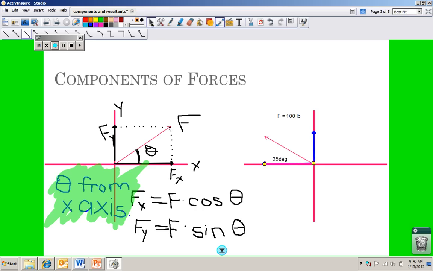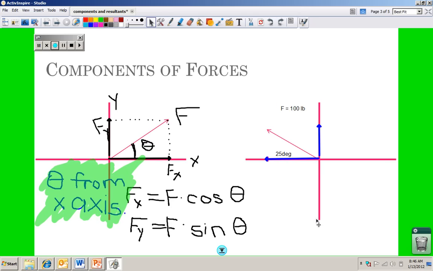Okay, so, alright, now you have f sub x and f sub y. Alright, and so these kind of, it's our dotted box again. That's called the parallelogram method. Okay, or we're just projecting these right onto the axes.